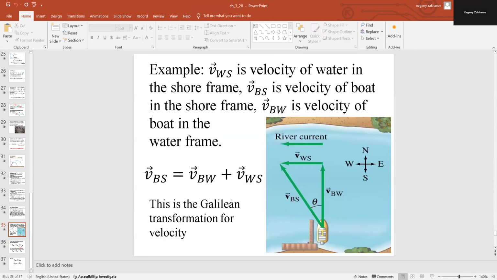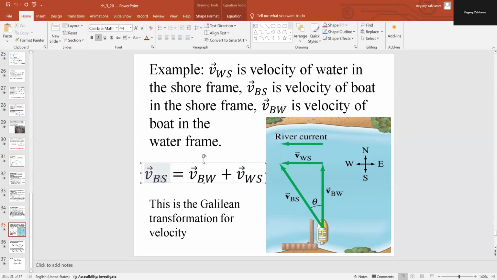Let's go back and see how this works for the river current, boat, and the shore equation. I want boat with respect to the shore, and I also have water to take care of. So boat goes to the first spot, shore goes to the last spot, and water, stuff that I don't want.